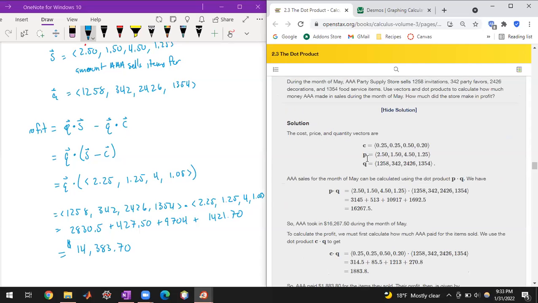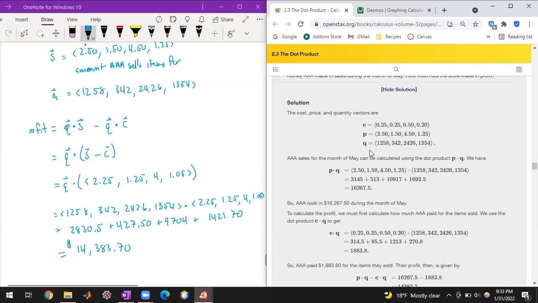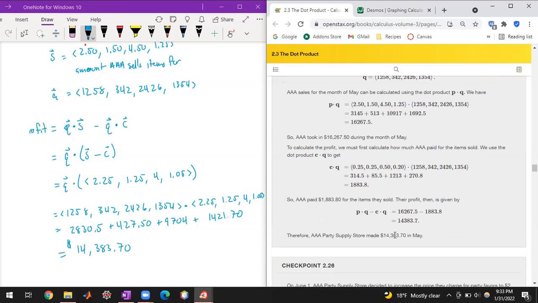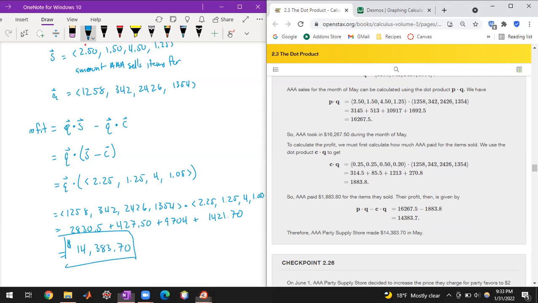They did C, P, and Q, so price instead of sale, like I did. That's fine. They figured out the individual bits and then did the subtraction, but they got the same answer as us. So fantastic, they've gotten the right answer, and our work is correct.